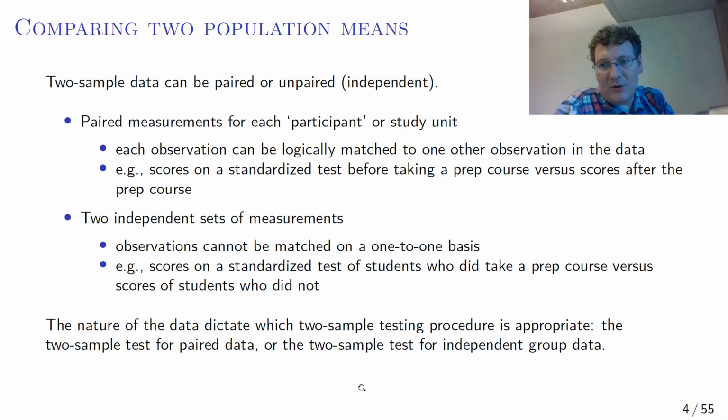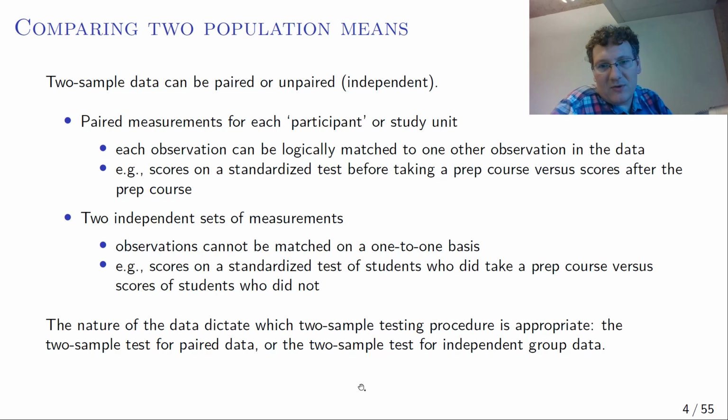Or it could be where you have paired individuals, say, a husband and wife, and you're measuring, I don't know, whatever it is. There's a logical reason to match up these individuals from these two samples.